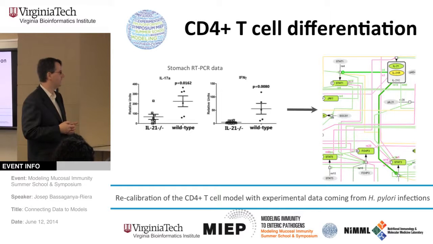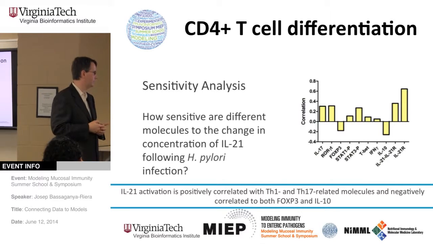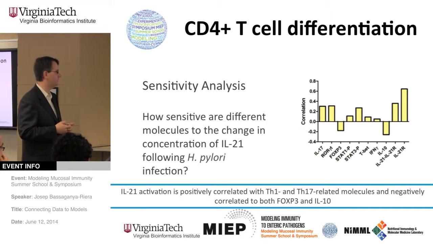And so we use this data to recalibrate the model and to calibrate specifically the reactions that are related to IL-21. We run a sensitivity analysis to assess how sensitive different molecules are to the change in concentration of IL-21 following H. pylori infection.